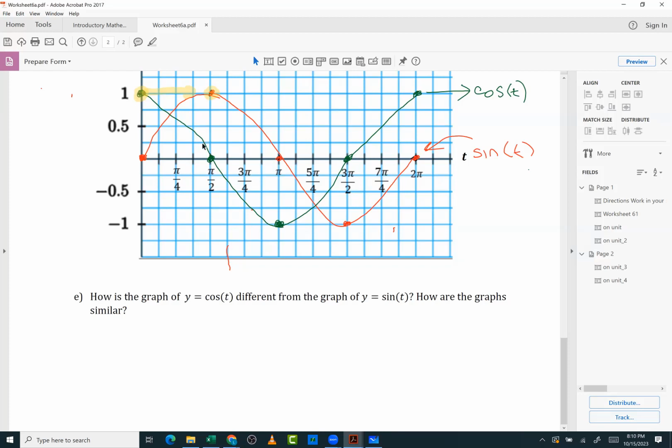Let's try. Doesn't seem to want to do it for me. We're going to imagine that we're moving this point right here over to this point right here. We're moving it to the right by pi over 2, aren't we?